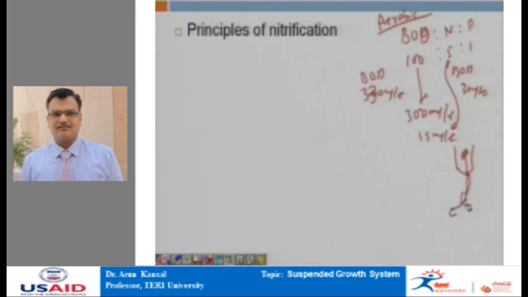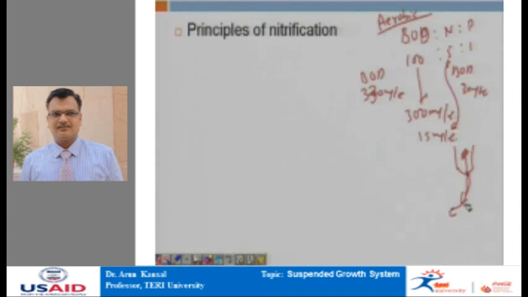So, this is how some part of the nitrogen is removed, but in case the water is highly nitrified or the sewage has an excess amount of nitrogen, then we have to go for special treatment for the removal of excess nitrogen. This treatment follows basically 2 steps. The first step is nitrification, wherein we convert nitrogen, which is present mostly in the form of ammonia, into nitrite and nitrates.